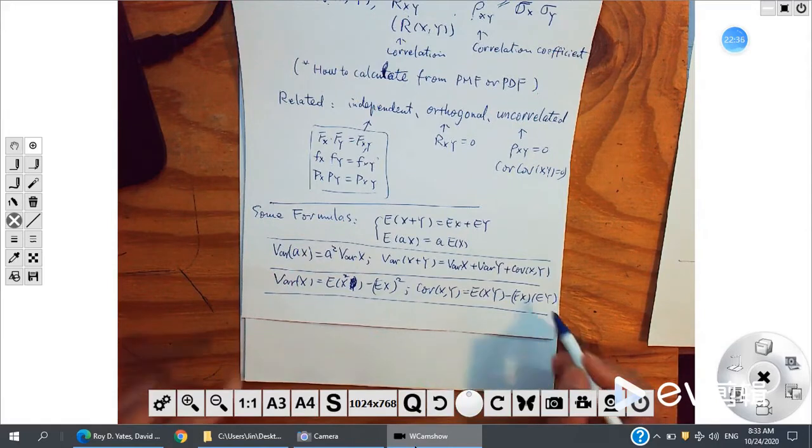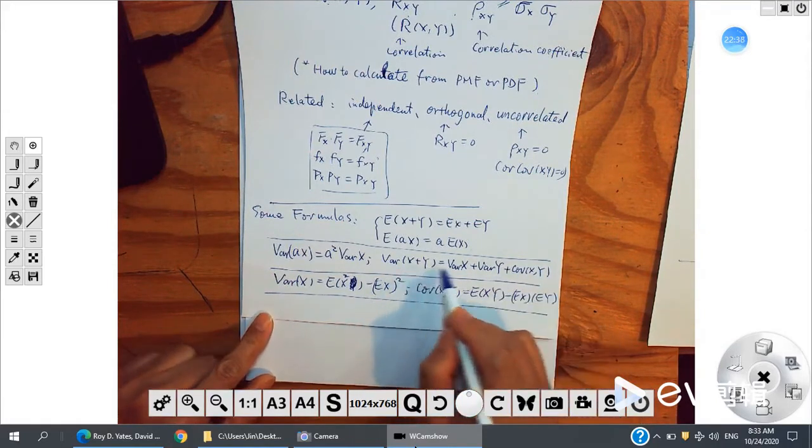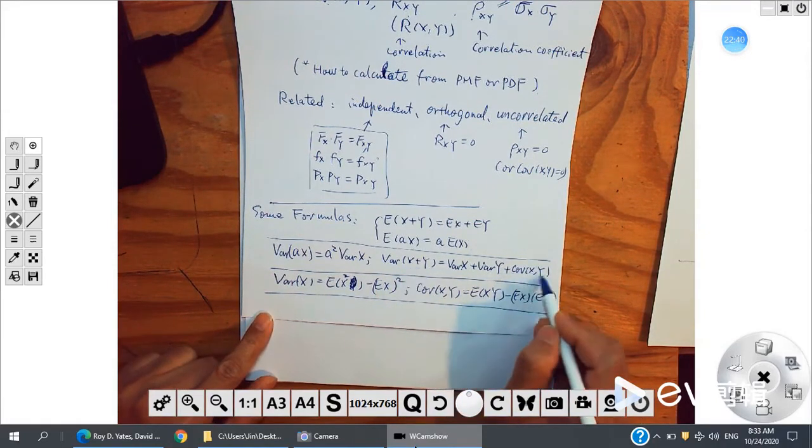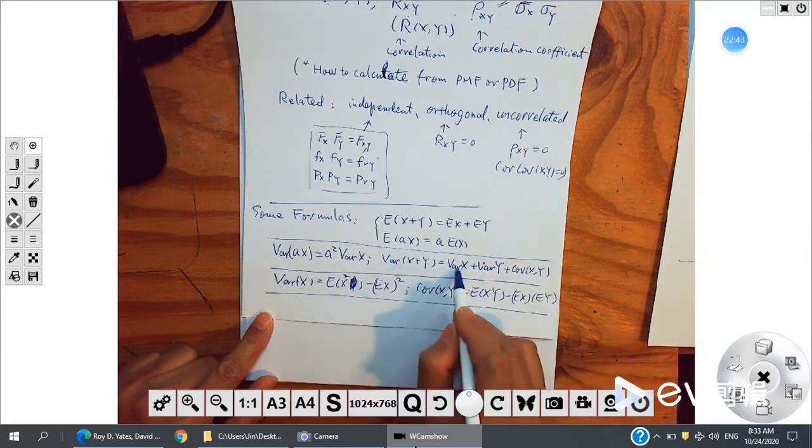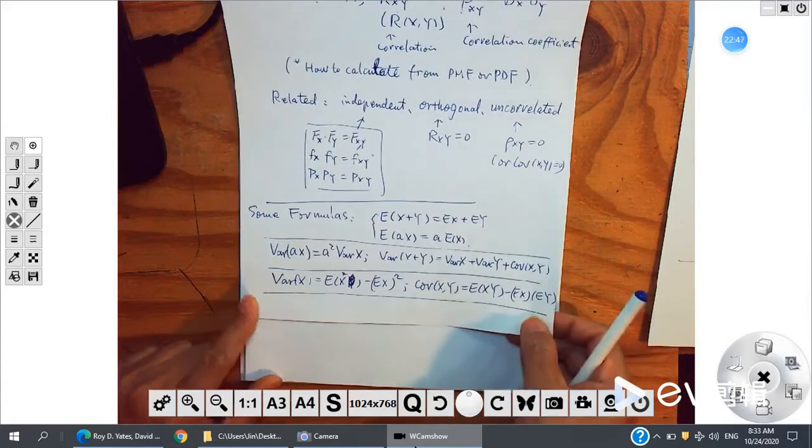And something else: if they are independent or uncorrelated, this will be 0, and the variance will be the summation of these two. Yeah, I think these formulas will be enough.